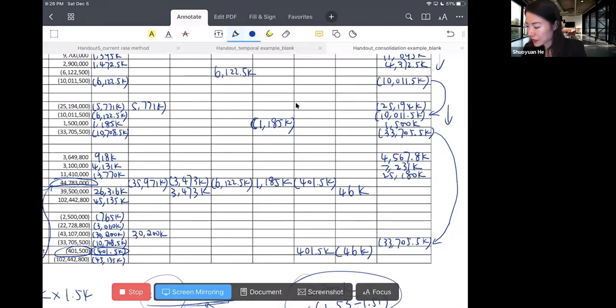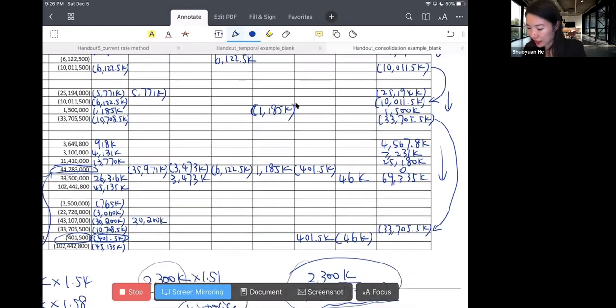And then your investment account should go to 0. Your PP&E will add up to 69,335. And then all of the assets will add up to the total.